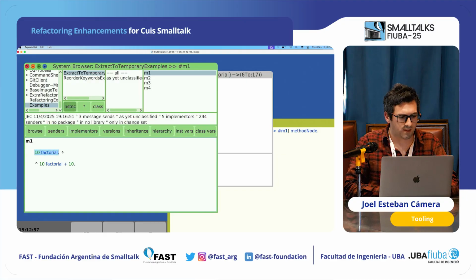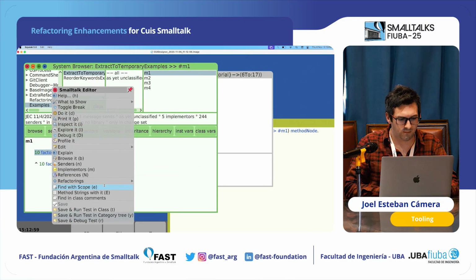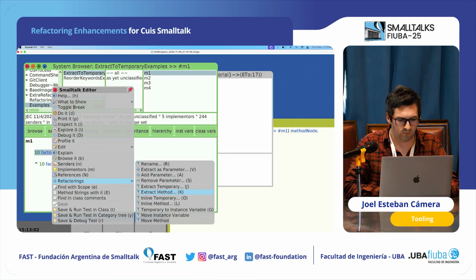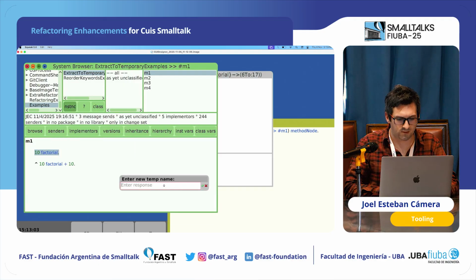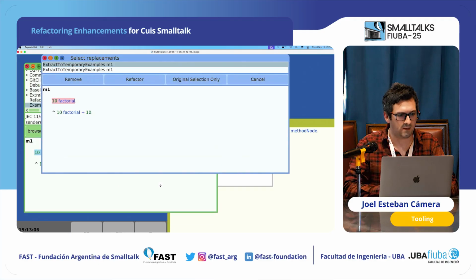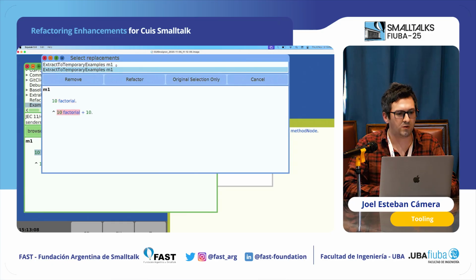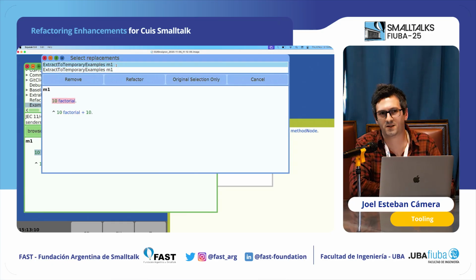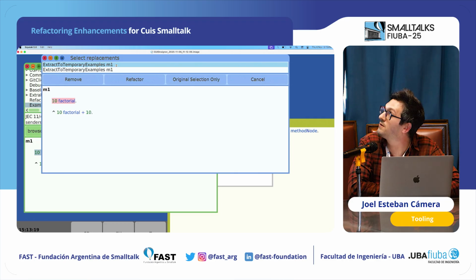If I want to extract this 10 factorial, it would do something like this. It's a temporary variable. It shows you this window that says, hey, there is repeated code. This window is like the one that is used in extract method right now.